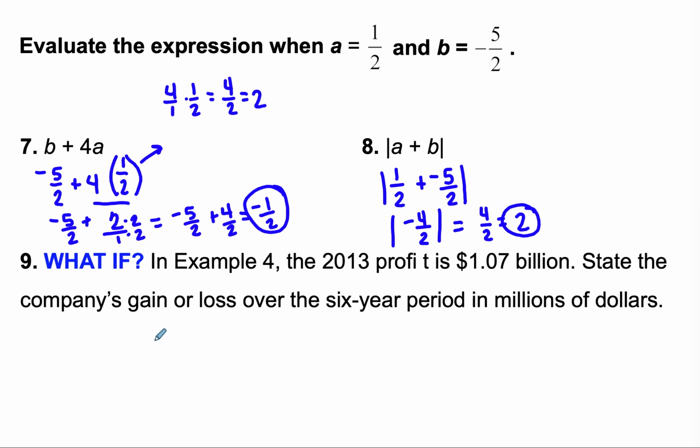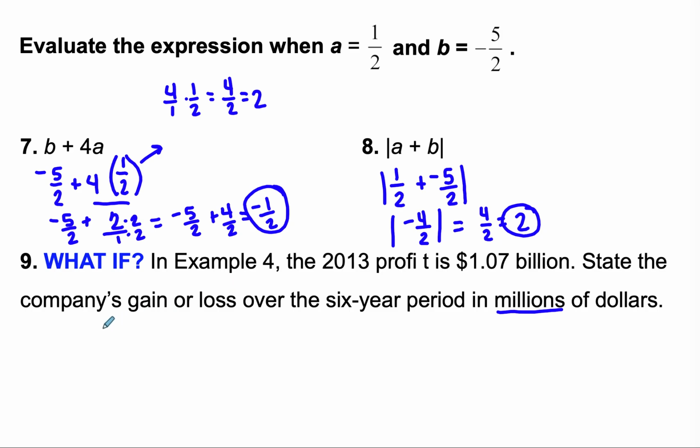All right, and then we'll look at this last one here. What if in example 4, the 2013 profit is $1.7 billion? State the company's gain or loss over the 6-year period in millions of dollars. So here they're asking for an answer in millions, and they're giving us something in billions again.